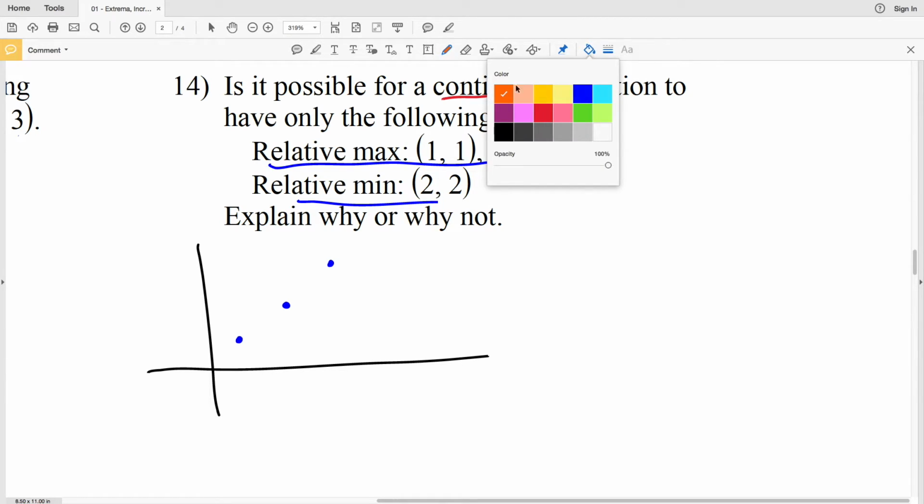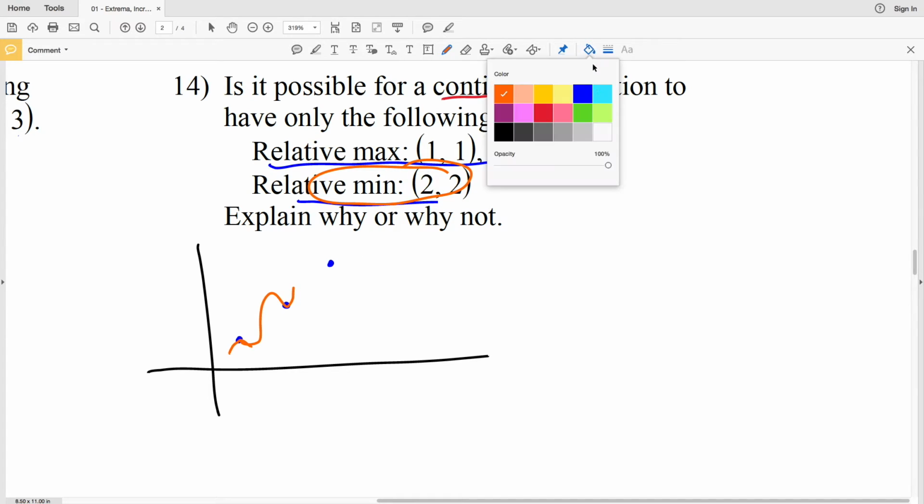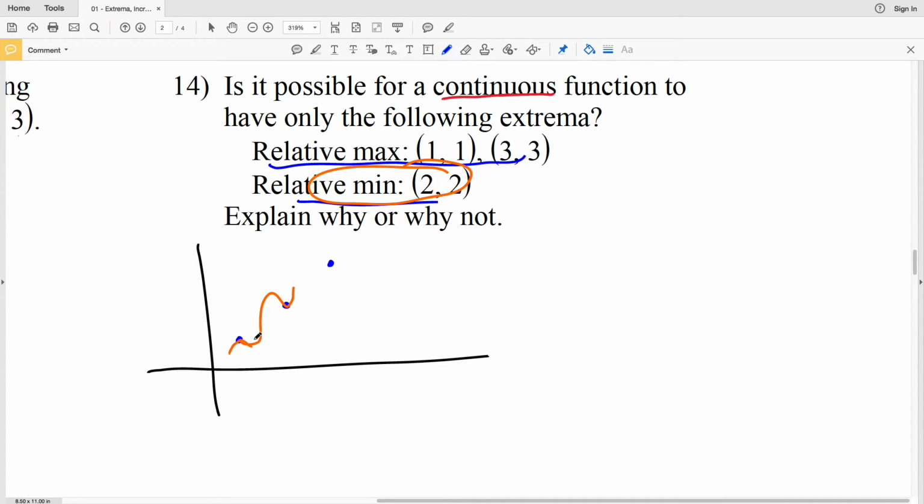So if we were to look at this visually, if (1, 1) is a max, that means it has to begin to decrease, but in order to get a relative min of 2, we need to increase enough so that we're decreasing down to 2 so that we can turn and increase again. However, that means that we're going to need to have added another relative min and another relative max.